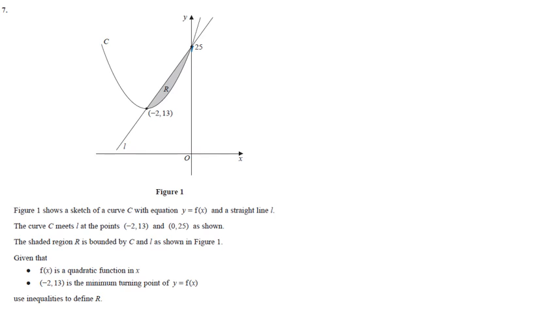So what we can do, let's start off with the line, since lines are always simpler than quadratics. The general equation of a line is y equals mx plus c, but we can immediately put in the 25 because c is the y-intercept. And we can work out the gradient of that line.